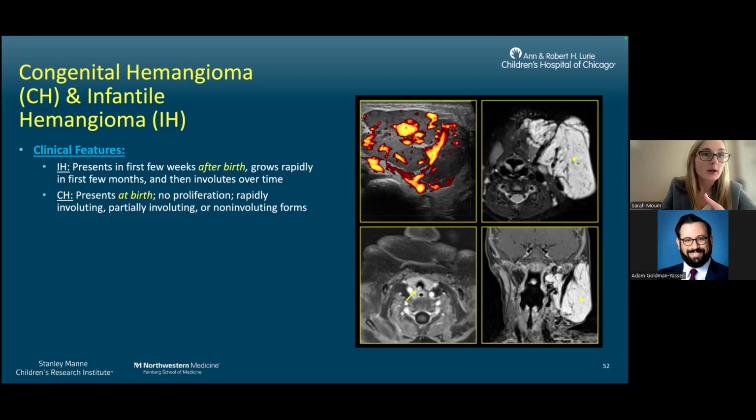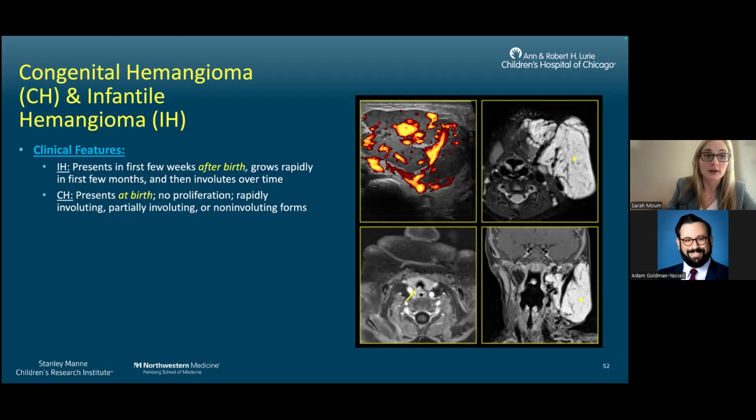For infantile hemangiomas, these patients present in the first few weeks of life after birth. Lesions will grow rapidly in the first few months of life, and then they involute over time, beginning within 1 year of age. For congenital hemangiomas, in contrast, these lesions should be present at birth.